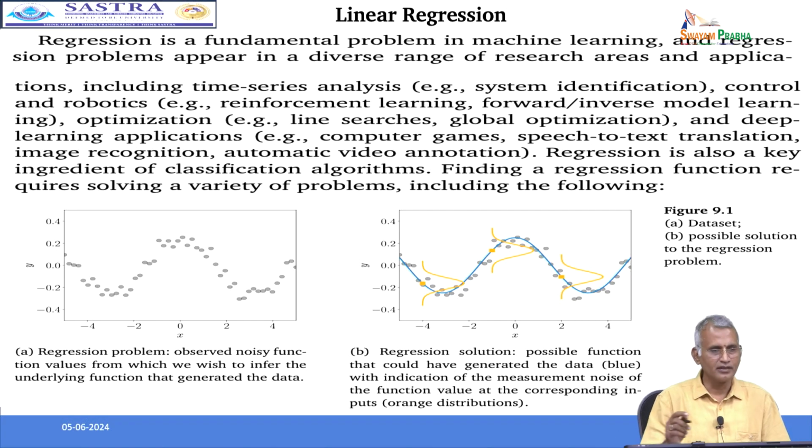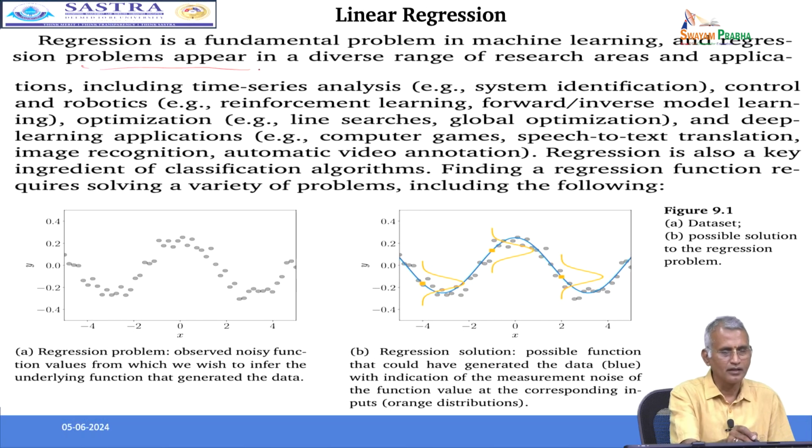and a regression problem appears in a diverse range of research areas and applications, including time series analysis, for example system identification, control and robotics, for example reinforcement learning, and forward and inverse model learning, and also optimization like line searches, global optimization, and deep learning applications like computer games, speech to text translation, image recognition, automatic video annotation.